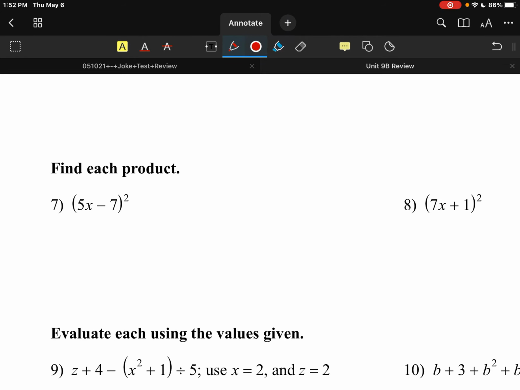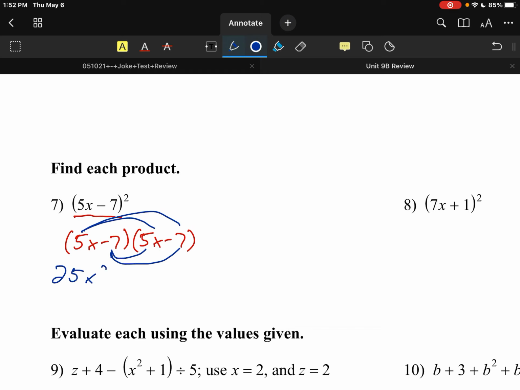This is the multiplying. Remember, this whole thing is being squared, so you have to rewrite it 5x minus 7 times itself, which means another 5x minus 7, okay? So then you multiply, just like we've done before, it's 5x times everything here, and then the negative 7 times everything here, okay?